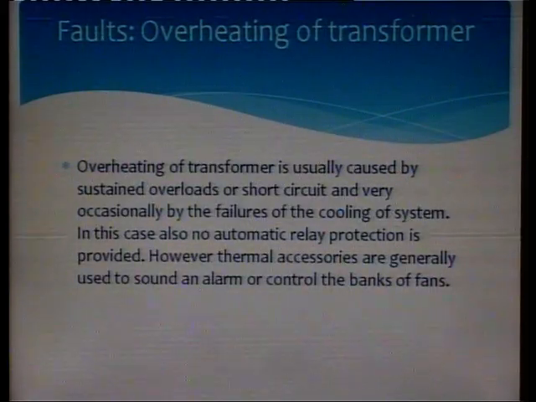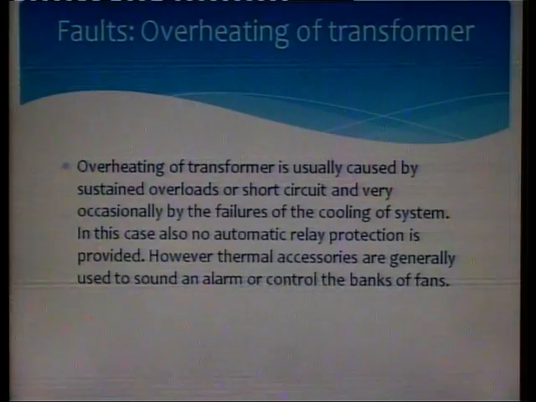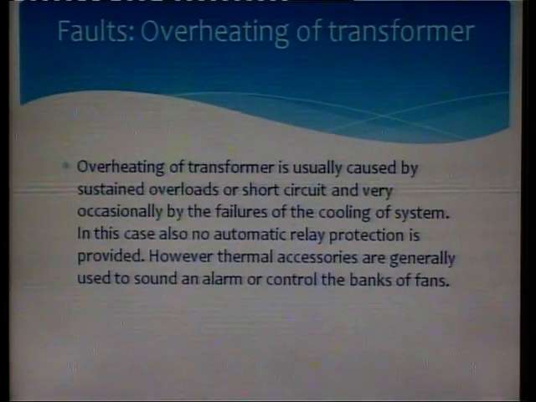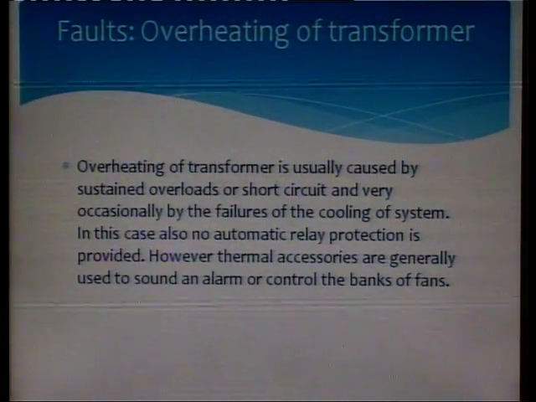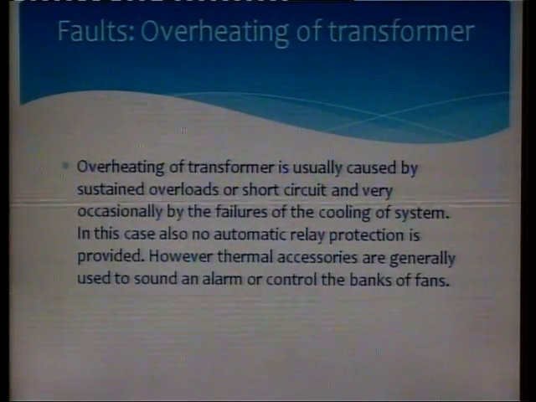The second fault is due to overheating of the transformer. This overheating is usually caused by sustained overloads or short circuits, and very occasionally by failure of the cooling system. So, there are three reasons by which overheating can occur.